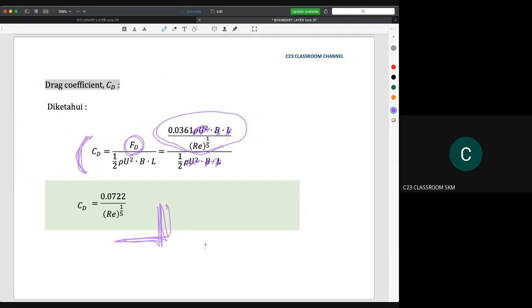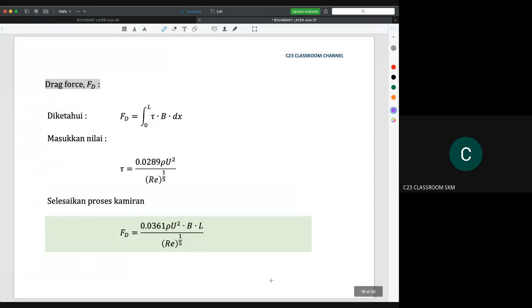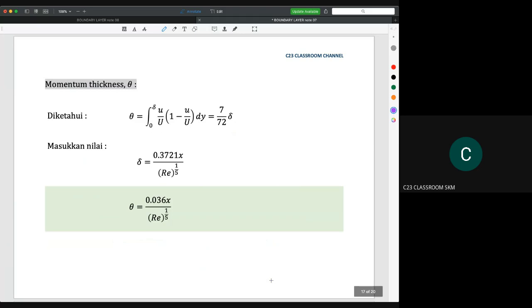You may also calculate the CD by using 2 theta over L. If you see here, the value of theta from here, you could get 0.036. If you times 2, 0.072.